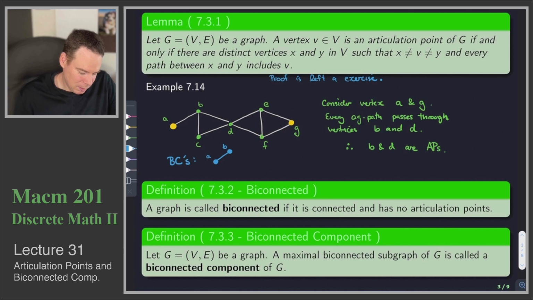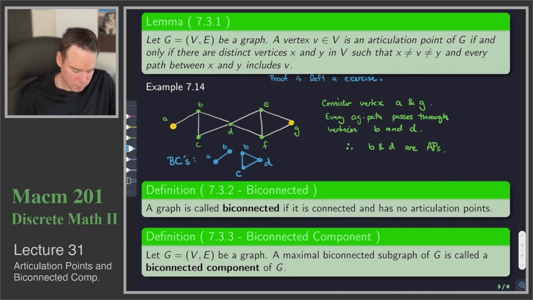But I can't extend this anymore, because as soon as I add another vertex or even another couple of vertices, I end up with an articulation point, and its removal is going to separate this piece from this piece. So that is no longer biconnected. That means this is a maximal biconnected subgraph. And we can keep going. What's another maximal biconnected subgraph?